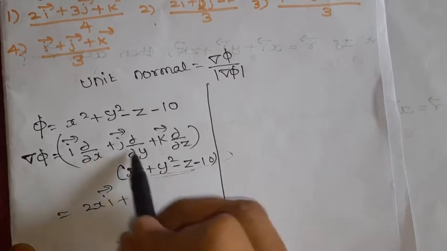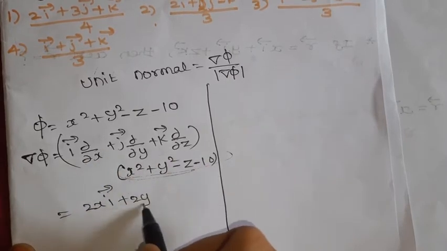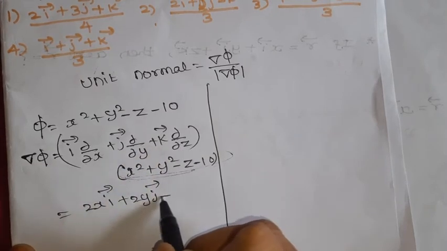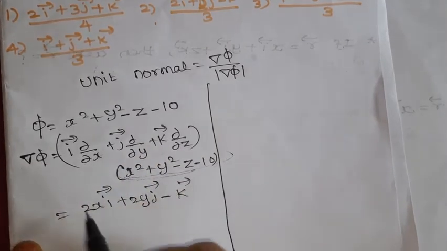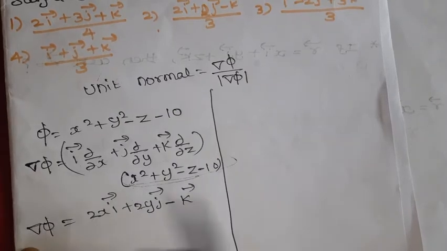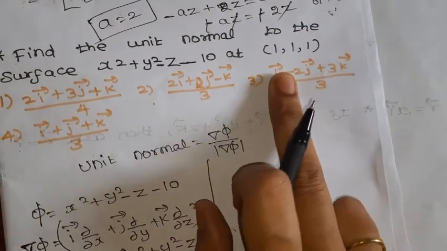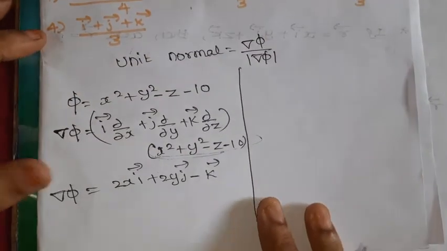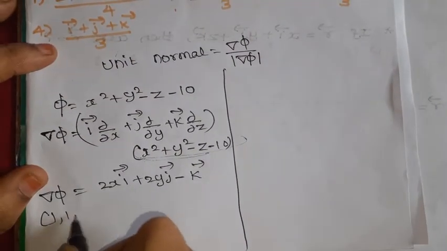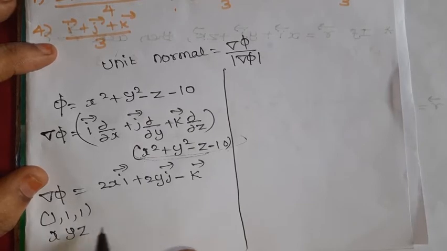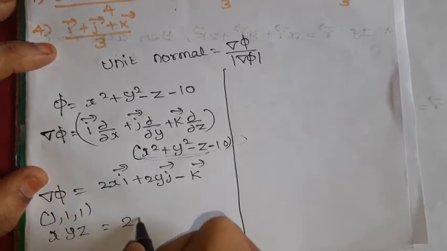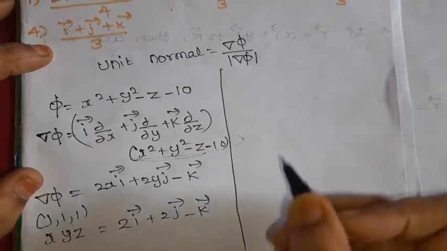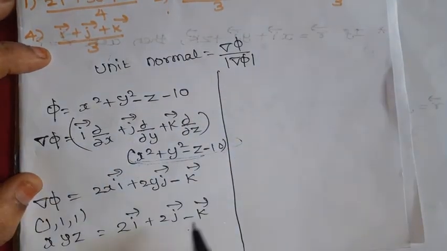Then dou by dou y of the whole term gives 2y j. Then dou by dou z of the whole term gives minus k. So that is del phi. Next we find del phi at the given point 1, 1, 1. x, y, z value is 1. Just substitute: 2i plus 2j minus k. So this is the del phi value.